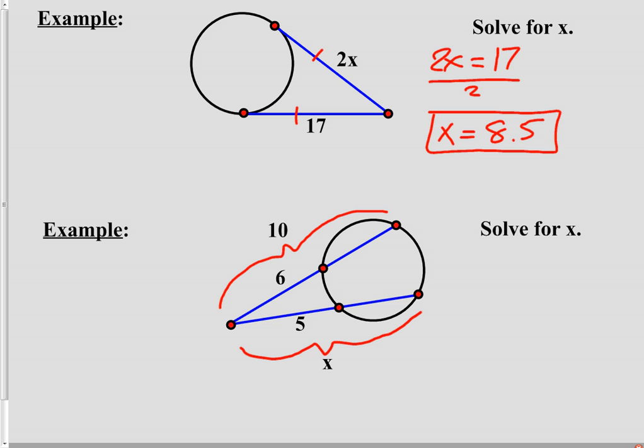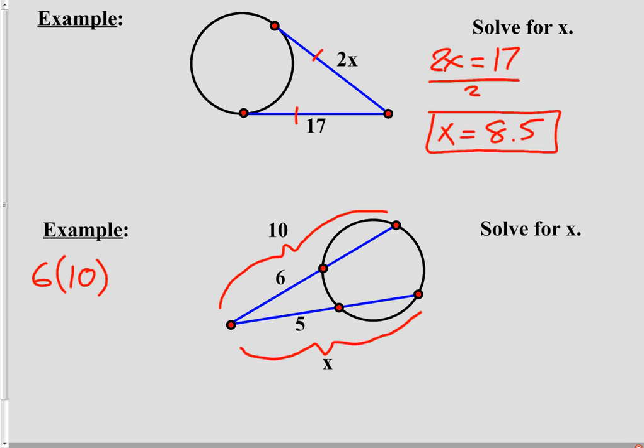Let's start off with the top secant. We want the length outside of the circle. So what would that be? 6 is the length outside the secant, and that should multiply times the length of the entire secant from the common endpoint all the way to the back side of the circle, and conveniently that was 10.